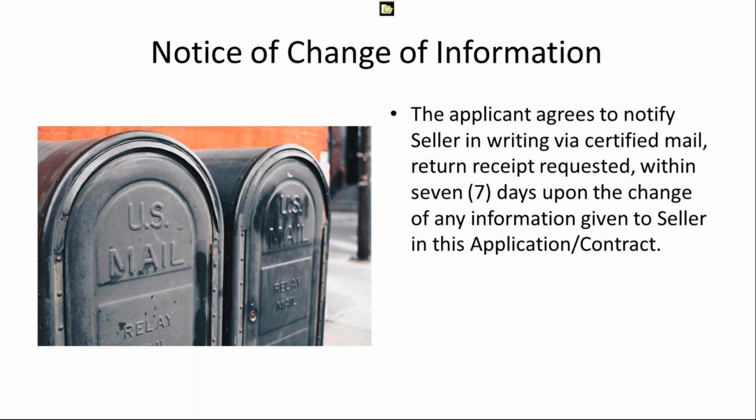They're giving you all their information, their name, their tax ID number, their corporate name, who the owners are, who the principals are, that kind of thing. And so the idea is, if anything changes about their business, in essence, their name, they're supposed to tell you within 7 days, in writing, by certified mail, return receipt requested.